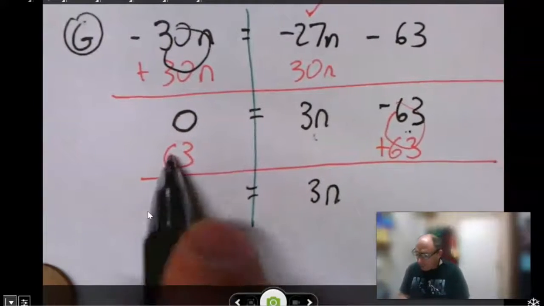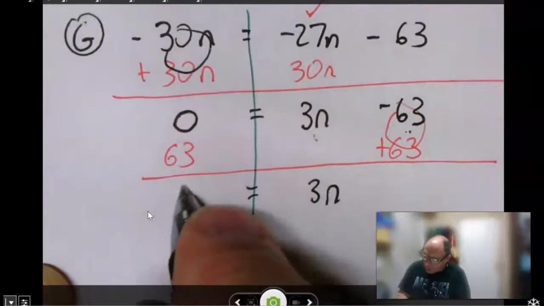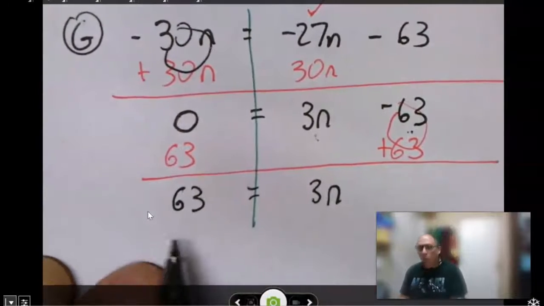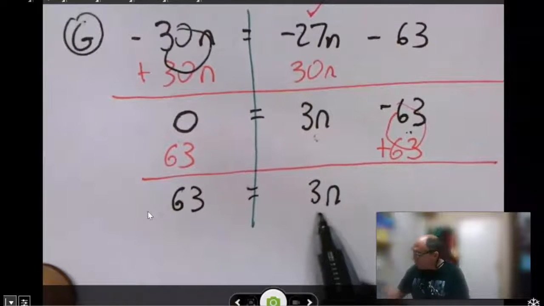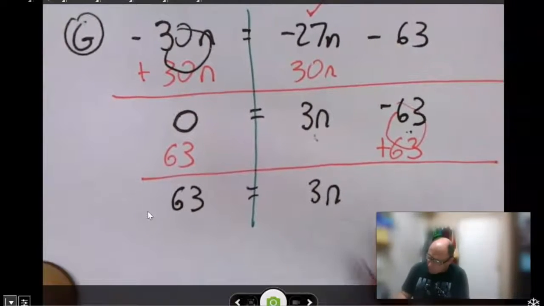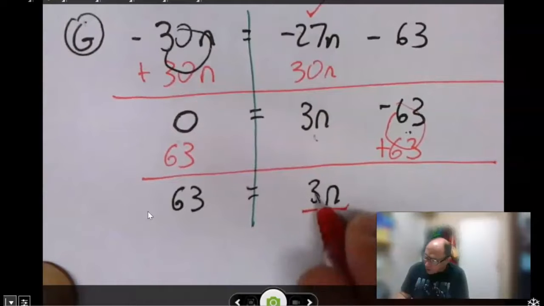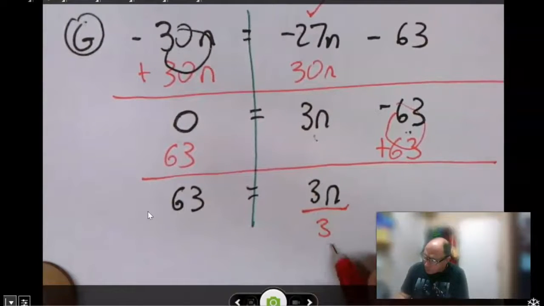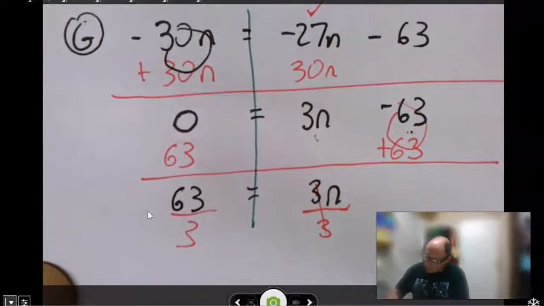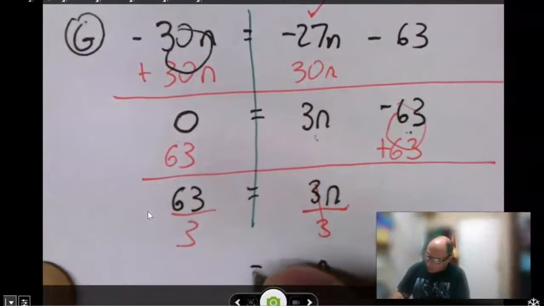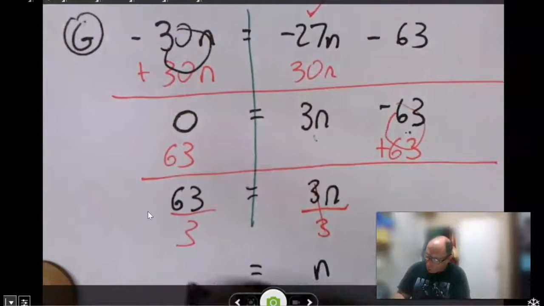And now look, 0 and 63 makes 63, so it's no longer empty on this side. Step 5, there's your coefficient, and we get rid of it by turning the coefficient into a 1, like this, on both sides. And 63 divided by 3, we're getting n equal to 21, I believe.